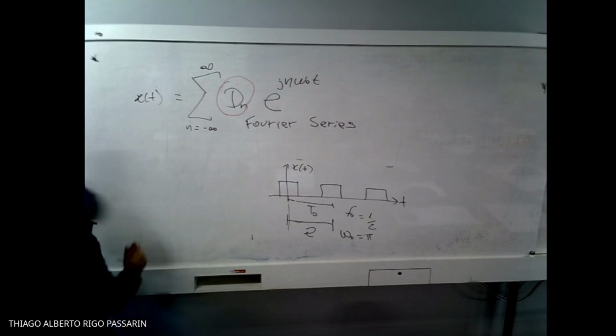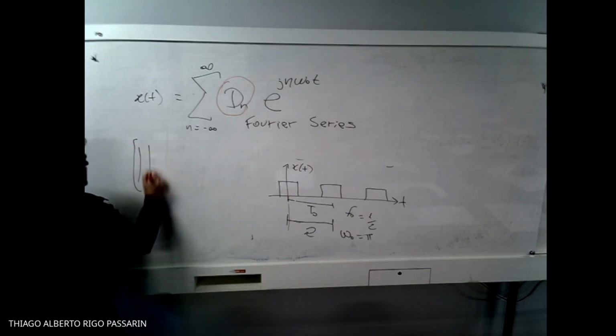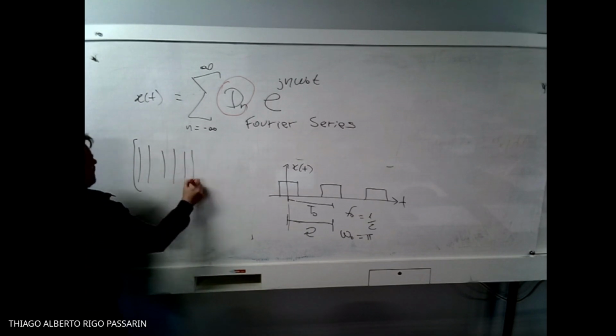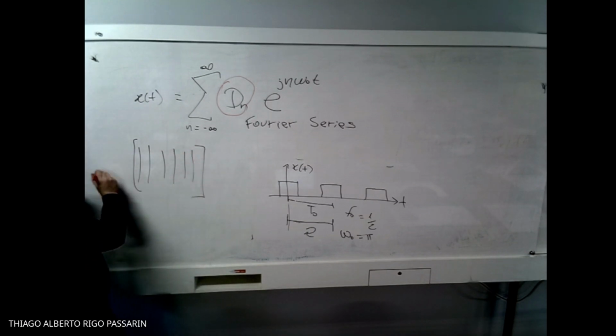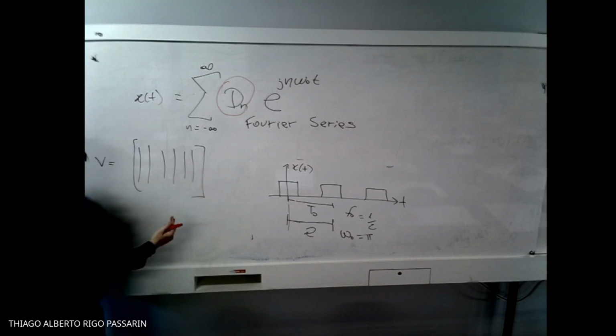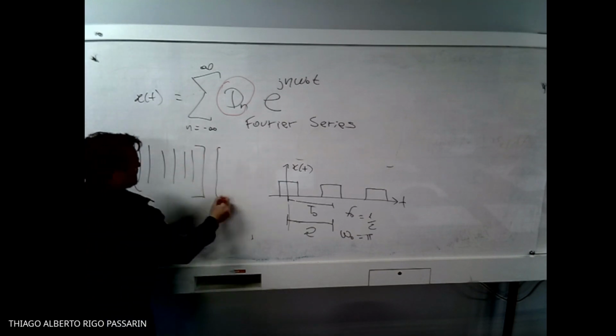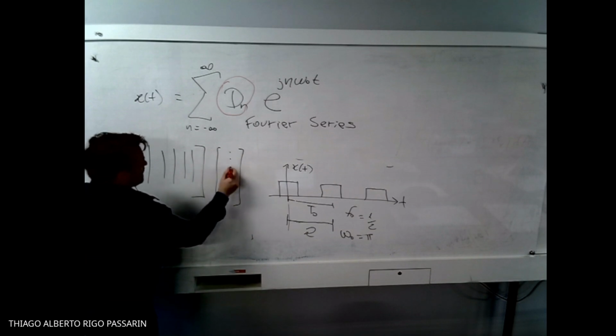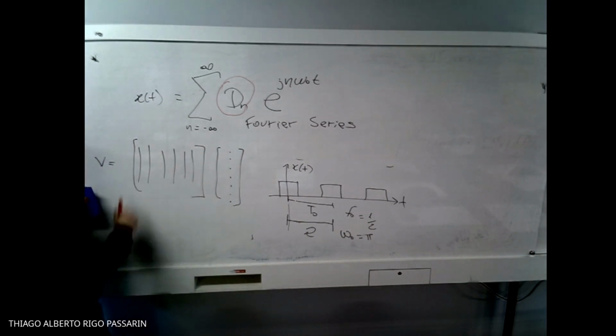When you have an orthogonal basis, you have a vector v, which is the result of some coefficients multiplying the vectors of this basis.